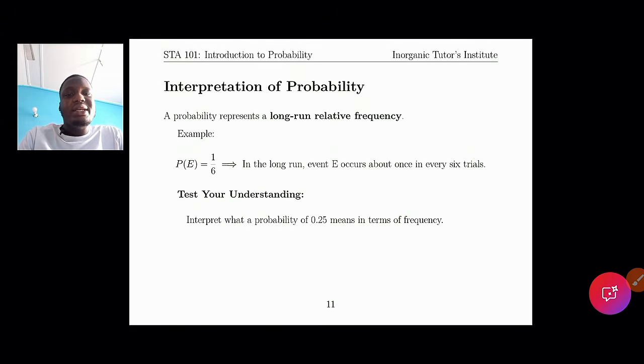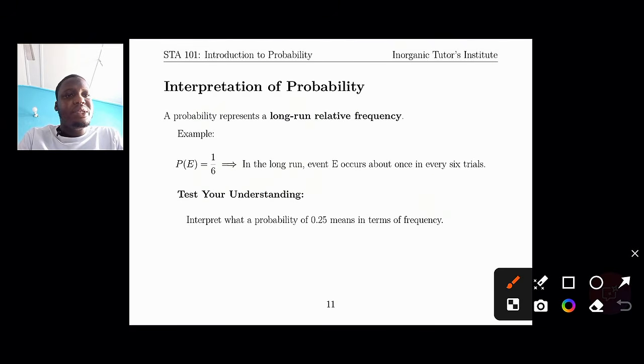So if we say that the probability of an event is 1 over 6, it means that when we conduct, let me give you this simple example. Let's say we toss a coin 10 times, and let's say these are the outcomes.